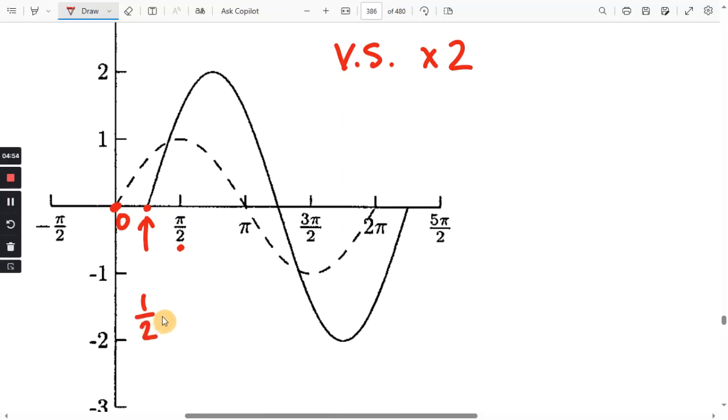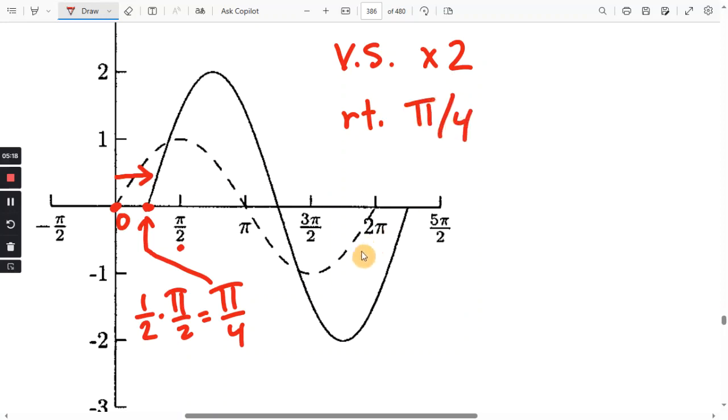So basically, what's half of pi over 2? Well, that's just pi over 4. All right, so this point right here is pi over 4. Okay, that means it shifted right by pi over 4.